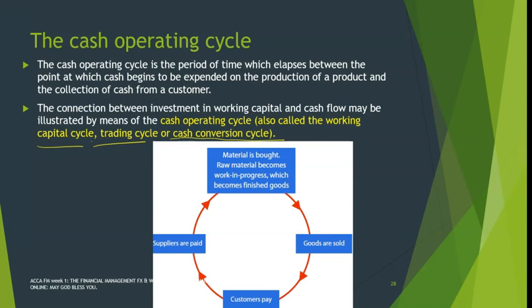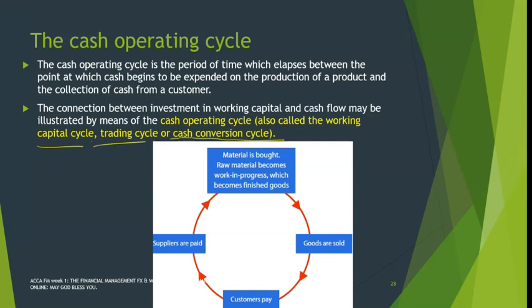All right, the cash operating cycle, ladies and gentlemen, is like this, as you can see on the screen. Material is bought. That's what happens initially. Raw material becomes work in progress, which becomes finished goods. Then the goods are sold.